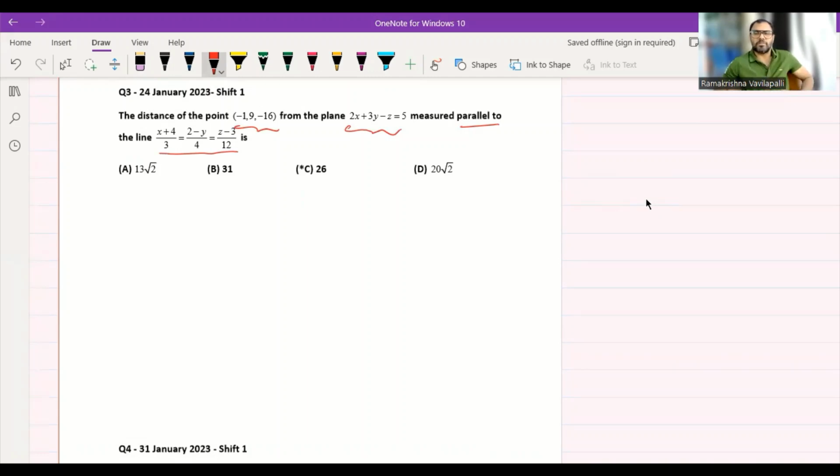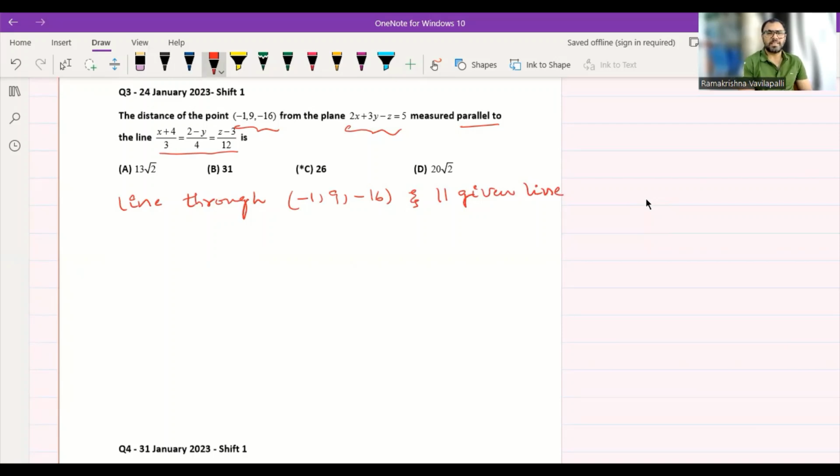So now we take a line passing through (-1, 9, -16) and parallel to the given line. Only the way of asking the question is different, but the process is the same.